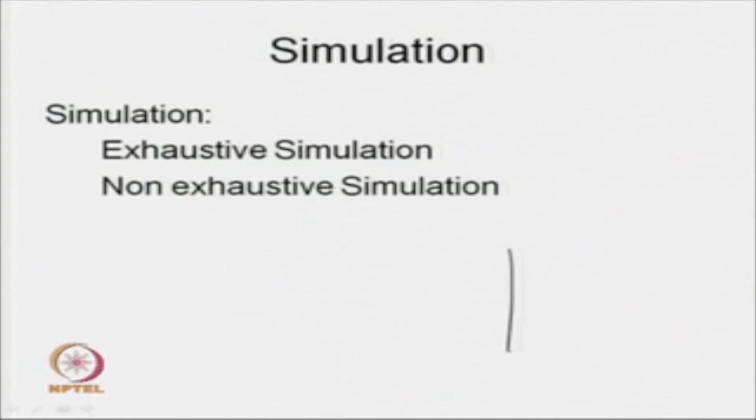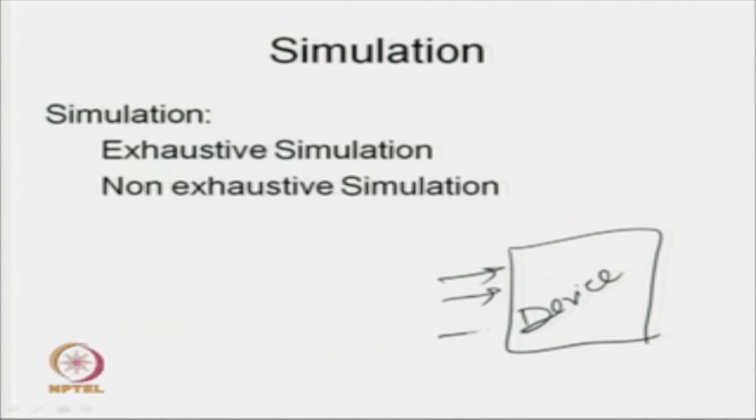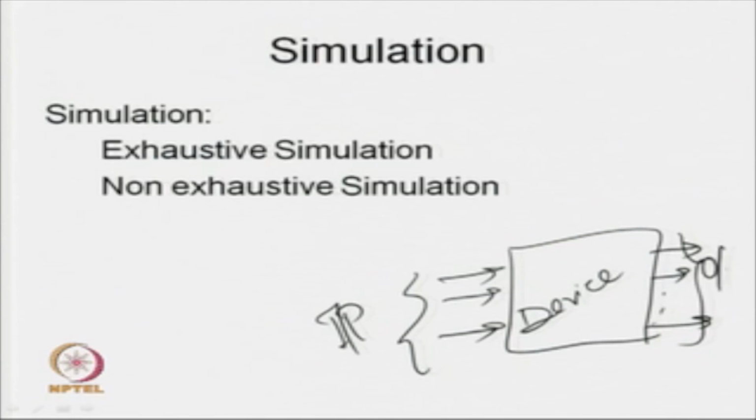Again, this is my device, I have designed it, and this device has several inputs, and depending on the input pattern we should get the desired output. We are going to check those desired outputs with respect to the input patterns. So, this is a basic simulation. We have a simulation model of our device and we check it, and if we find that it is correct, then we go for fabrication.